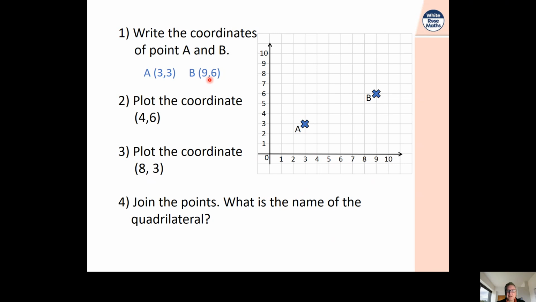Look at the comma separating the coordinate points. So we're going for 4, 6. There's 4. There's 6. You can do that yourself. Draw a ruler line. So go up the x-axis and the y-axis, and this is the intersection here.